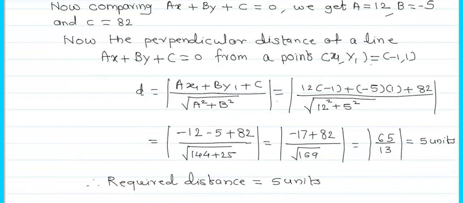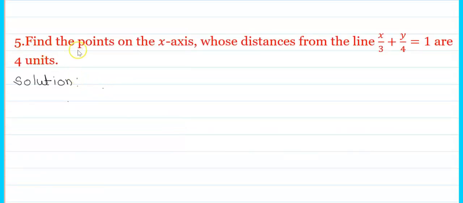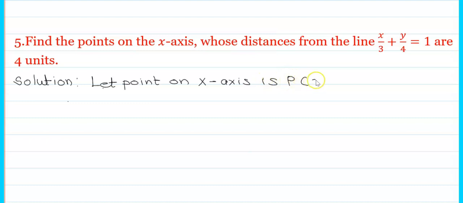Okay, next problem, find the point on the x-axis whose distance from the line x upon 3 plus y upon 4 is equals to 1 is 4 units. Okay, let the point on x-axis is P x1 comma 0.